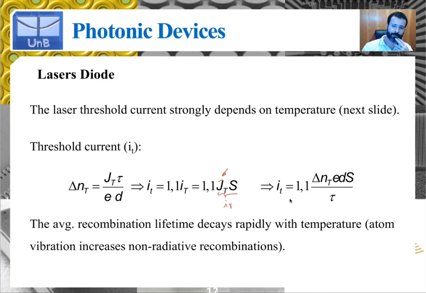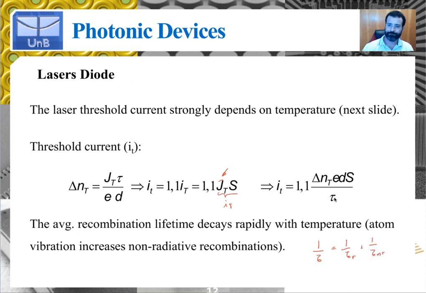So basically what we take from this equation is that the threshold current grows in inverse proportion to the recombination lifetime. And let's recall that 1 over tau is equal to 1 over tau r plus 1 over tau nr.